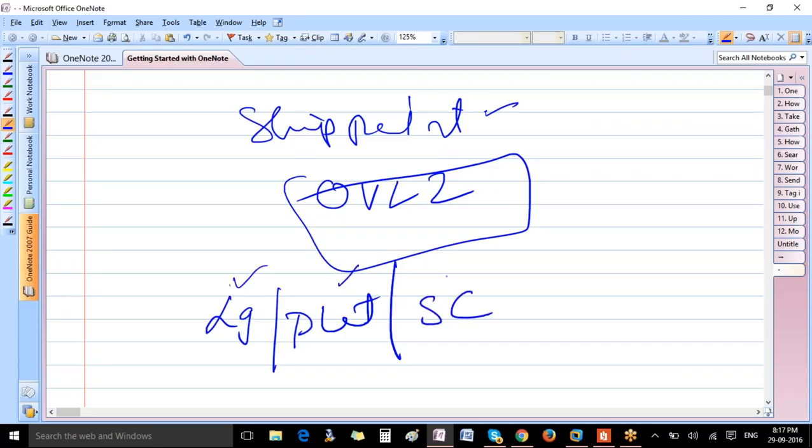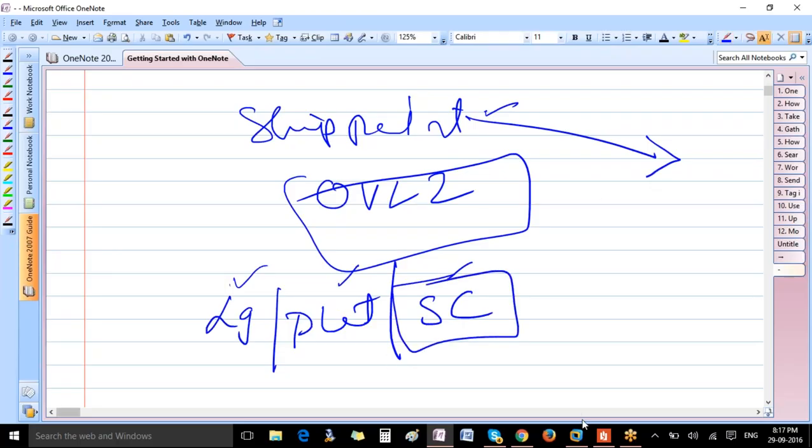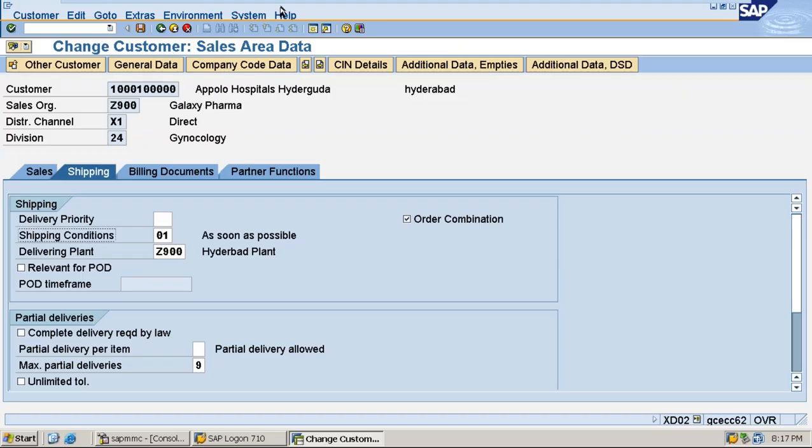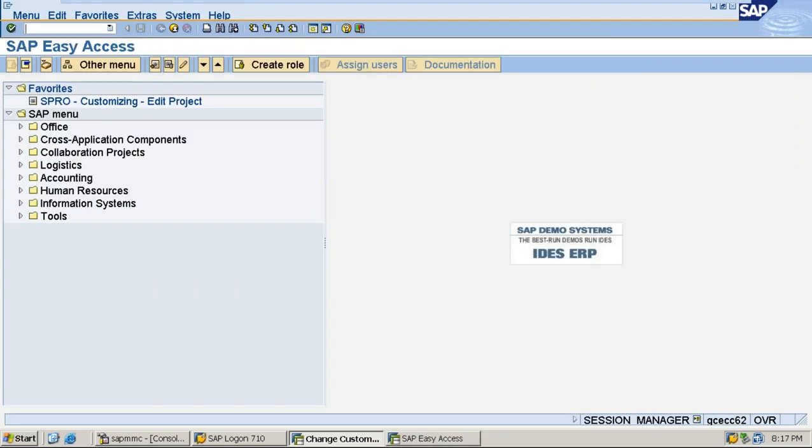These are the three parameters which will influence what shipping point is determined in a sales document. So shipping condition is one of the parameters among these three. Let me show you OVL2, the shipping point determination transaction code.